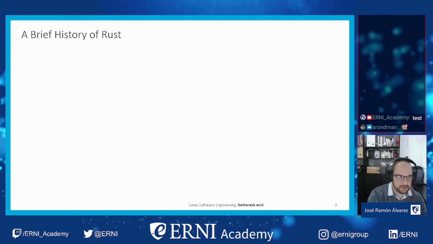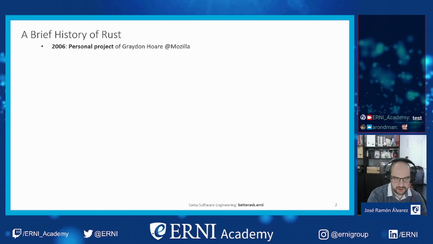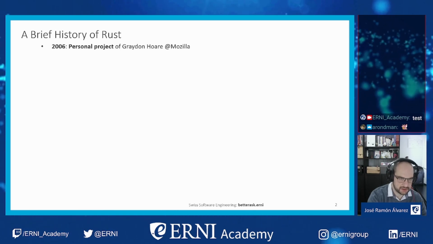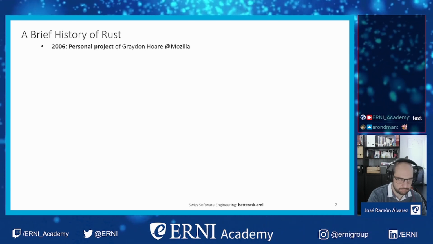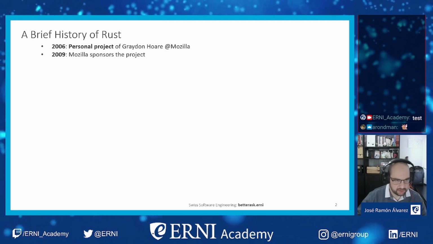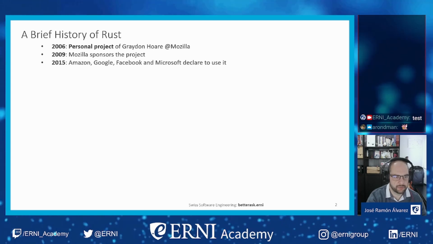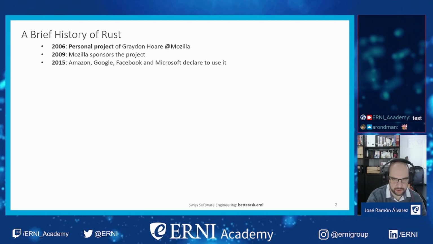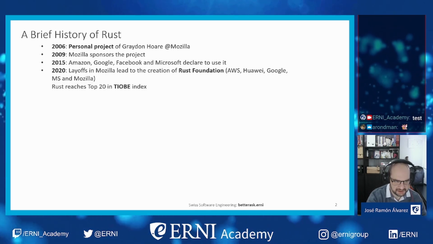Well, let's talk a bit about the history of Rust. The Rust programming language started in 2006 as a side project of Graydon Hoare, who was working at Mozilla. Later, Mozilla decided to sponsor the project in 2009, and in 2015, Amazon, Google, Facebook, and Microsoft declared they would use it in, I don't know what project, honestly.